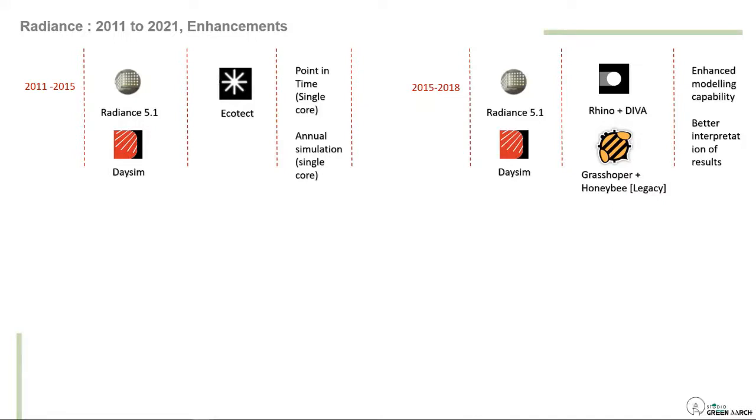Here you get all the powerful aspects of modeling, but with the same simulation engine. And then in the same year, we got the Honeybee legacy version, where Grasshopper was used to provide the input parameters for daylighting. But the main problem with these tools was that the time taken for the simulation was too large for big models.